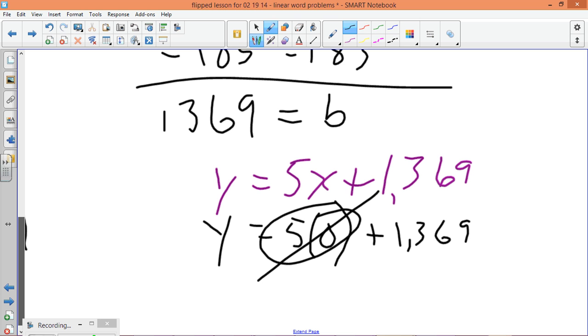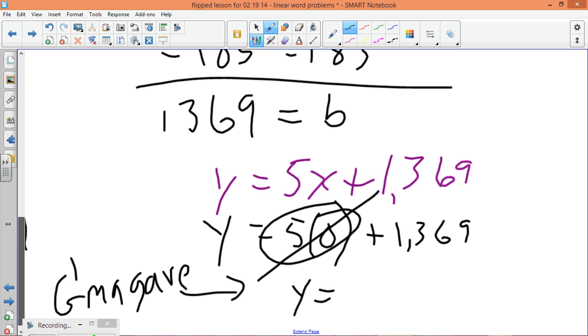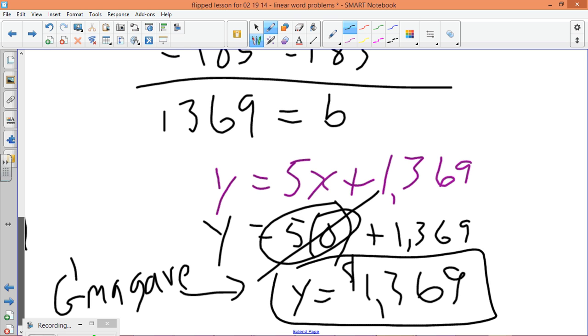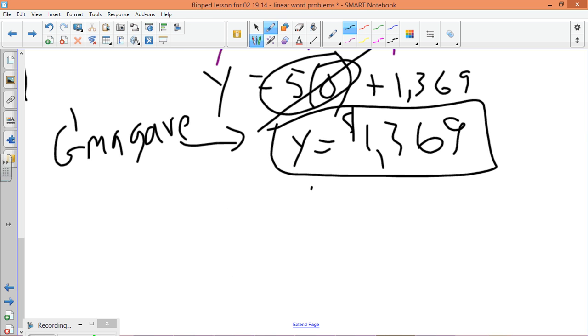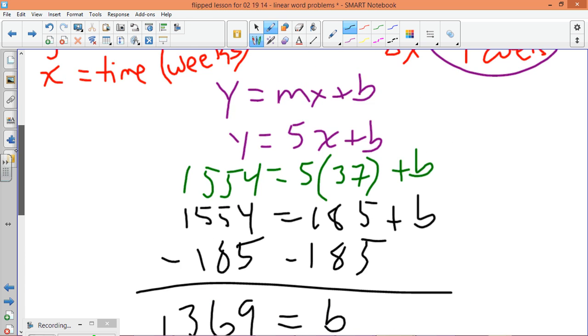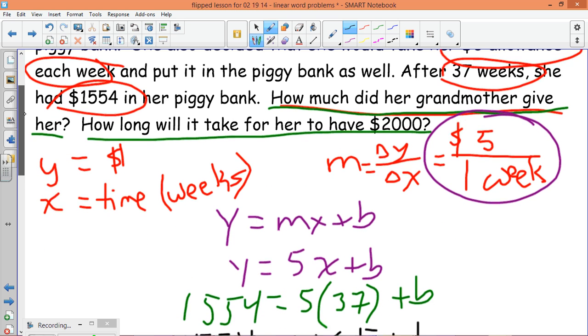That is 1,369. So her grandma gave $1,369. My grandmother usually gives me gifts in very round numbers like that, 1,369, 462 and 21 cents. You know how it is, grandmothers.